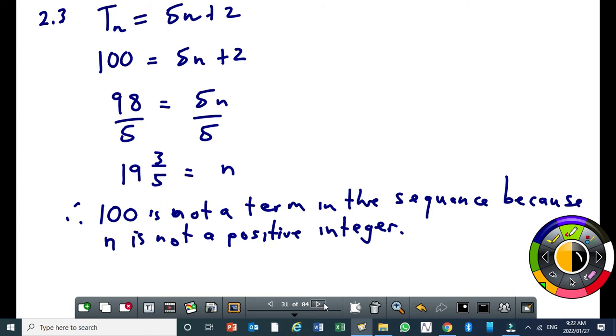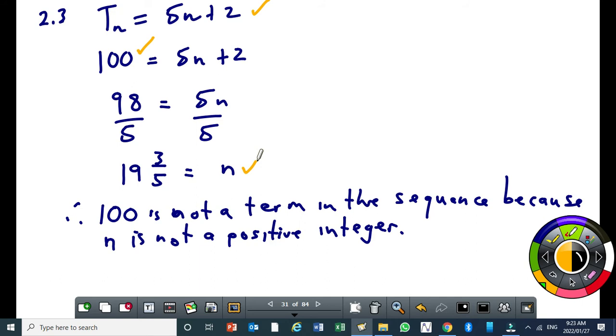So write your general term first, then you substitute Tn by 100, then you simplify to solve for n, you get n equal to 19.6 or 19 and 3 over 5. Now, because 19 and 3 over 5 is not a natural number or a positive integer, it therefore means that 100 is not part of the sequence.